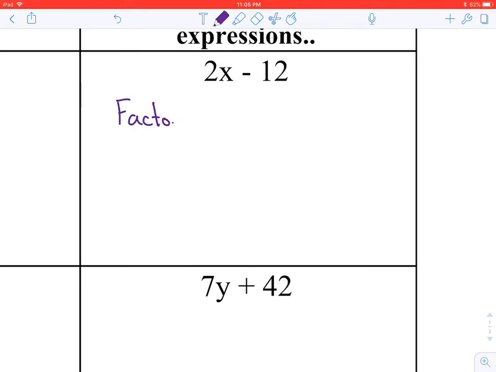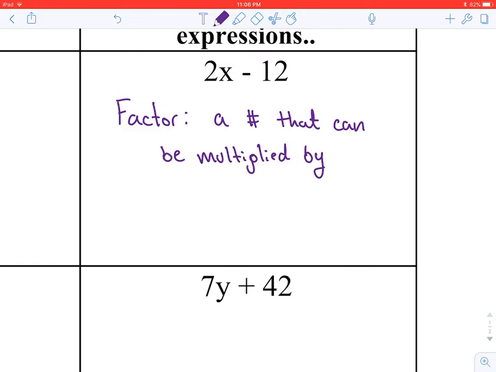What is a factor? Now, you might know that the factors of 2 are 2 and 1, but what is the definition of a factor? What does that really mean? Well, a factor is defined as a number that can be multiplied by another number to produce a number or expression.